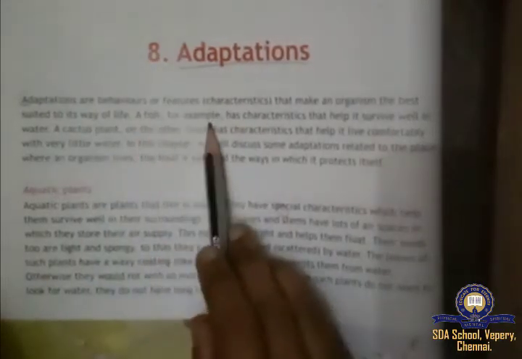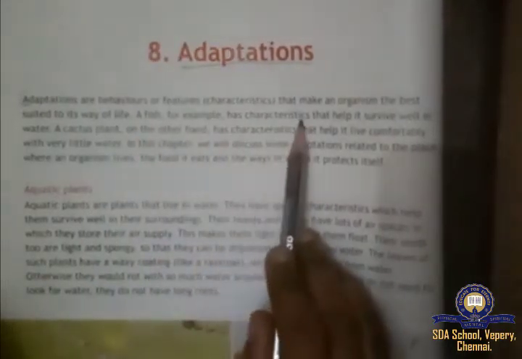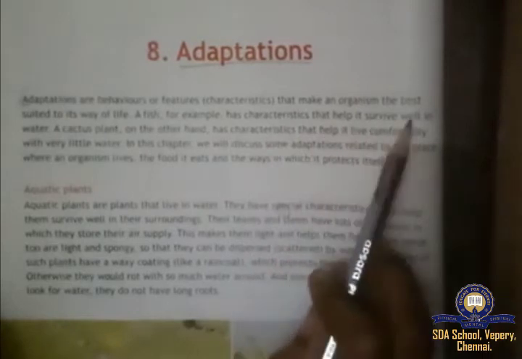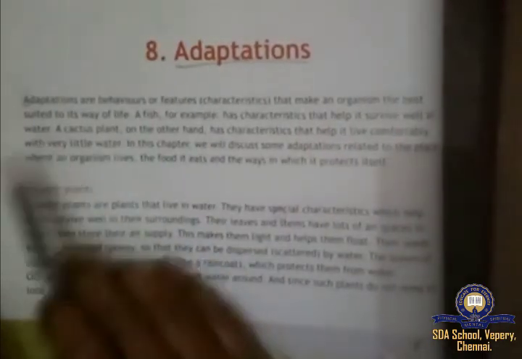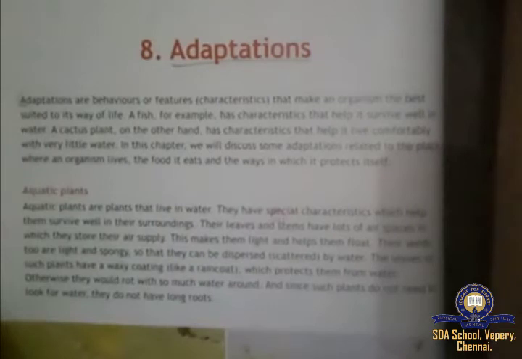A fish, for example, has characteristics that help it survive well in water. Yes, fish, for example, what characteristics does it have? It has characteristics that help it survive well in water.